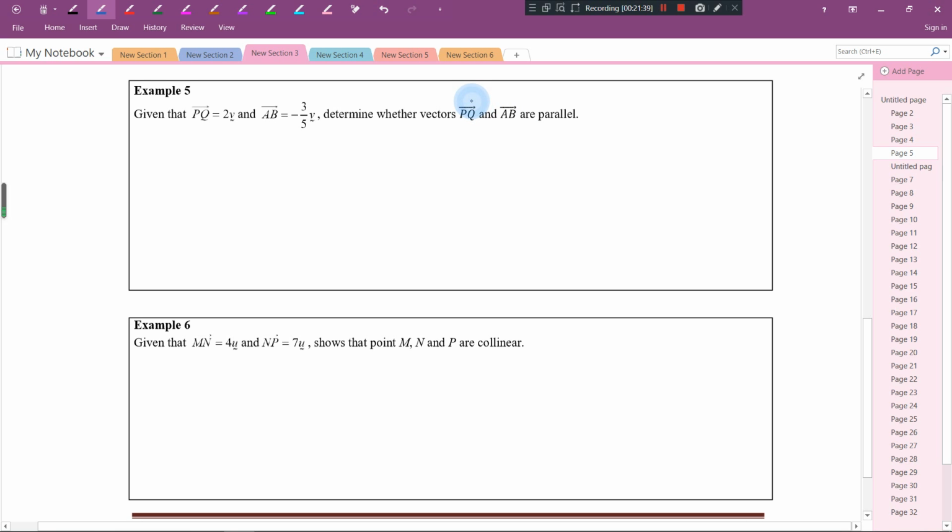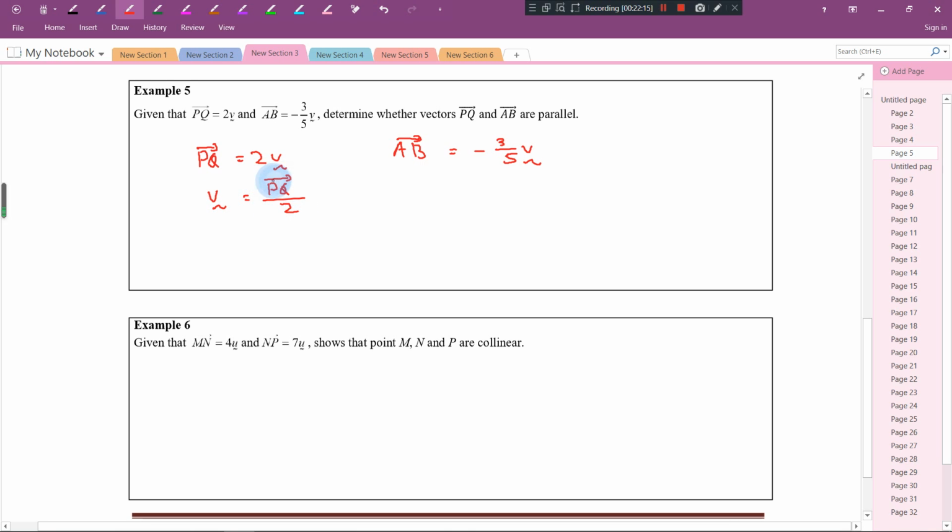So how do I express this one? PQ is equal to 2V, right? So V will be equal to, I move the 2 over here, PQ over 2. Now let me copy this one. AB is equal to negative 3 over 5V. Now I substitute this whole thing into here, because V is equal to this.